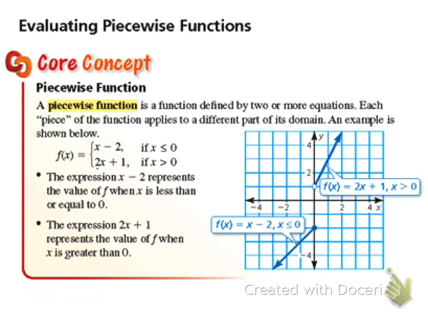This equation goes with this restriction, and this one goes with that. So if they gave me a domain of 5, which equation would I use? If x is greater than 0? Yes, we would use the second one. If they gave you a domain of negative 5, we'd use the top equation. Okay?